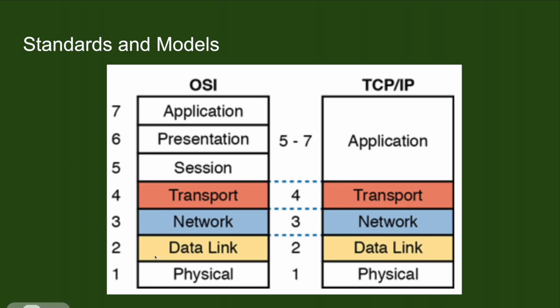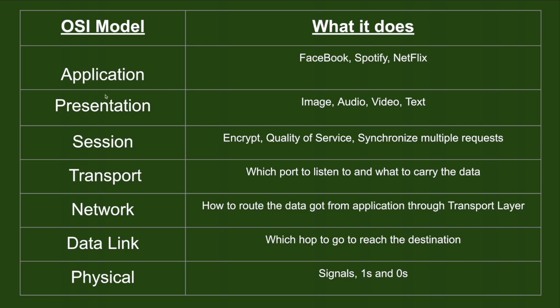So let's first understand what each of these layers is, and what the job or responsibility is, or what all the standards are that are in each of these layers. Let's start with the application layer. The set of applications that we use today lies in the application layer.